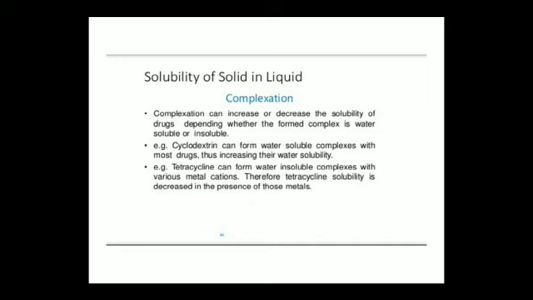Examples: cyclodextrins form soluble complexes with water, so their solubility is increased. Tetracyclines form water insoluble complexes with various metal ions, cations, and also react with antacid preparations and milk. They form insoluble complexes due to the presence of metal ions, so their solubility is decreased.